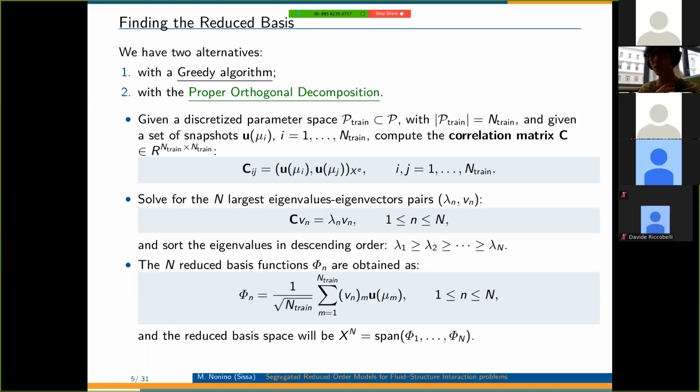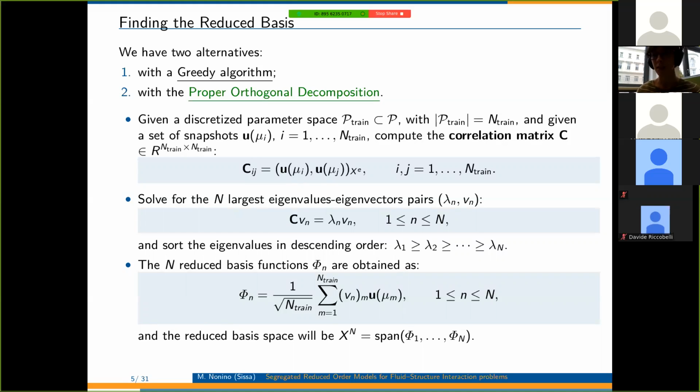You can either use a greedy algorithm or a proper orthogonal decomposition. The greedy algorithm I did not use during my PhD because it usually requires the availability of an a posteriori error estimator, which is extremely difficult to have, and even more difficult for fluid structure interaction problems. So I worked with the other alternative, which is the proper orthogonal decomposition.